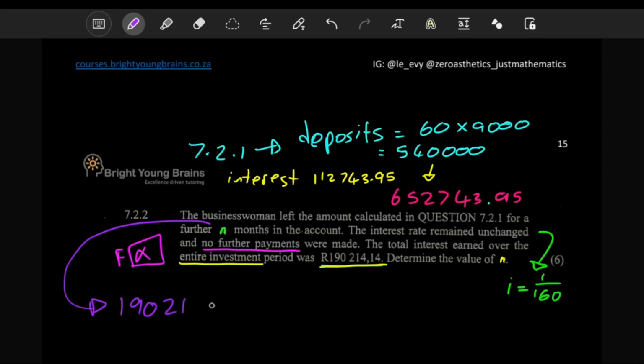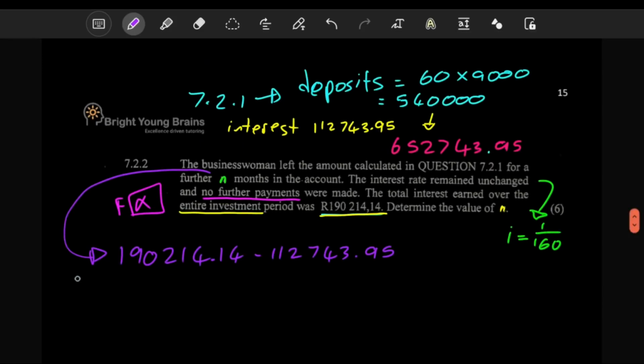The total interest at the end of all the time she was investing, minus the interest she got over the 60 months, means the interest she earned over the next few months is just 470.19. In these months, the interest that she earned was this much.